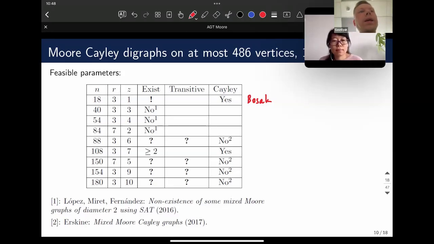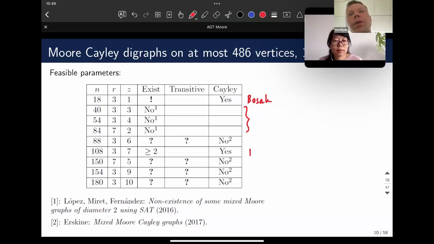Then the next three feasible parameter sets were ruled out, also by a computer search, by Lopez, Miret, and Fernandez. So they showed the non-existence of these graphs.